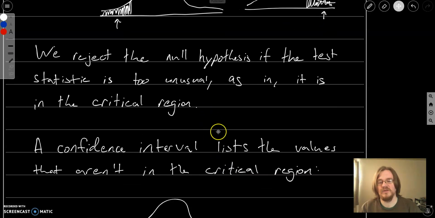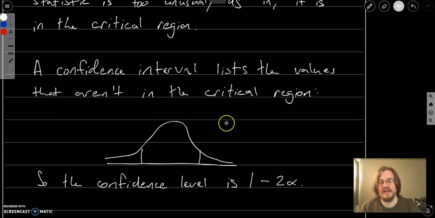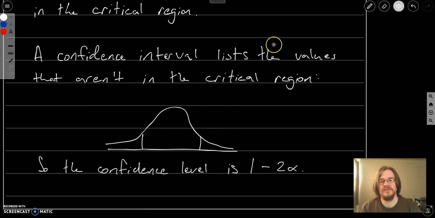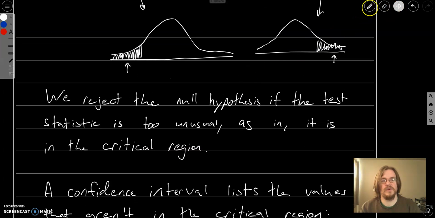So in particular, when we are calculating a confidence interval, what we're doing is we're listing all the values that aren't in the critical region. So for instance, up here, if we were going to be listing a confidence interval for this, we would be listing off all of the values that would correspond to getting a sample that lies in this area.